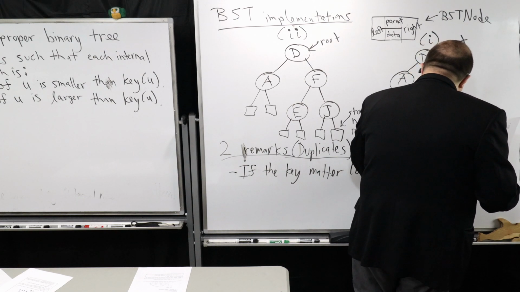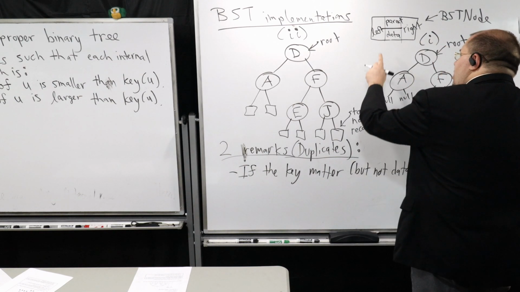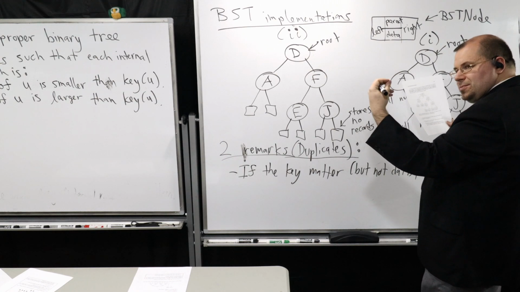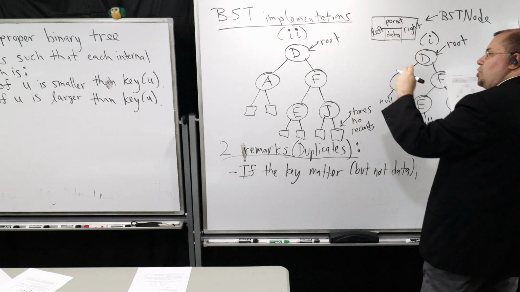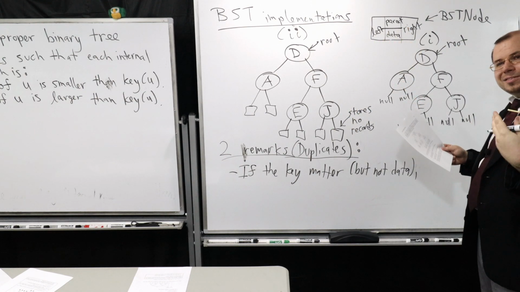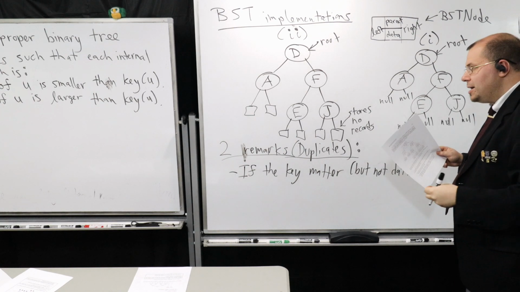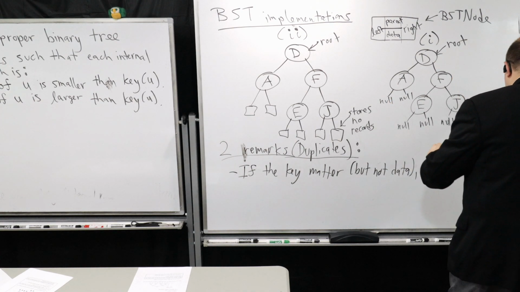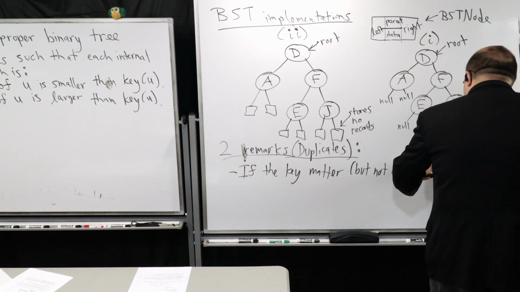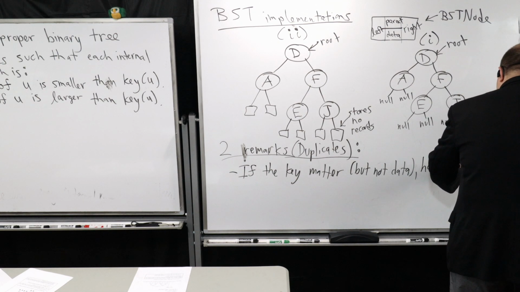if the data doesn't matter, what you could do is augment your nodes with a counter. You know how we had a counter that keeps track of the number of elements? You have a counter at each one of the nodes.